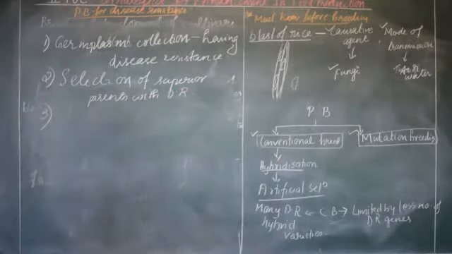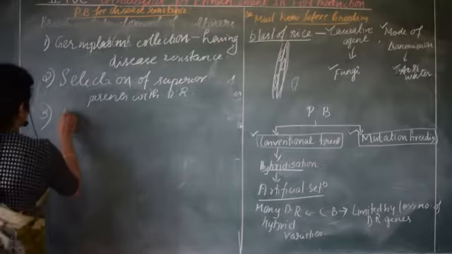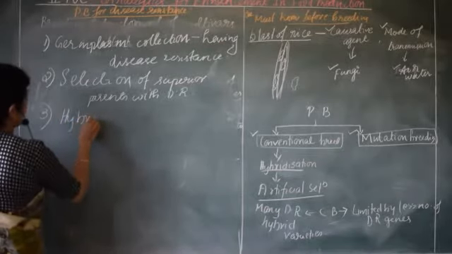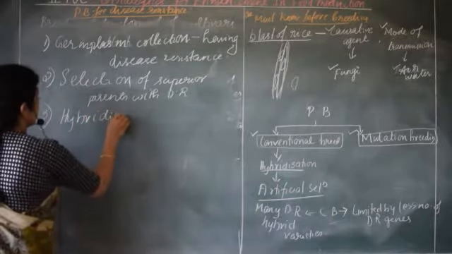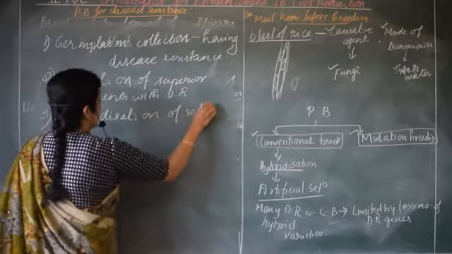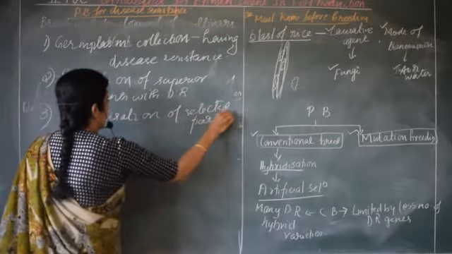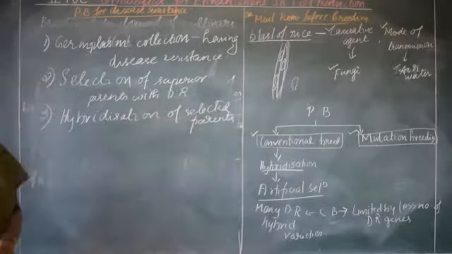The third step will be hybridization of the selected parents. Hybridization is done among these selected parents.